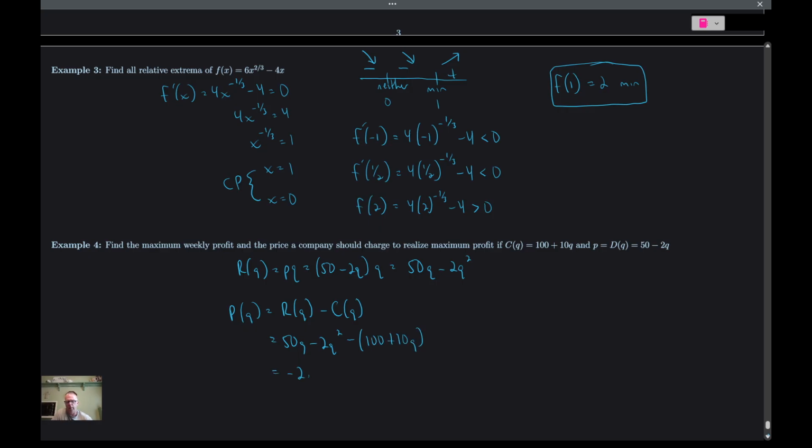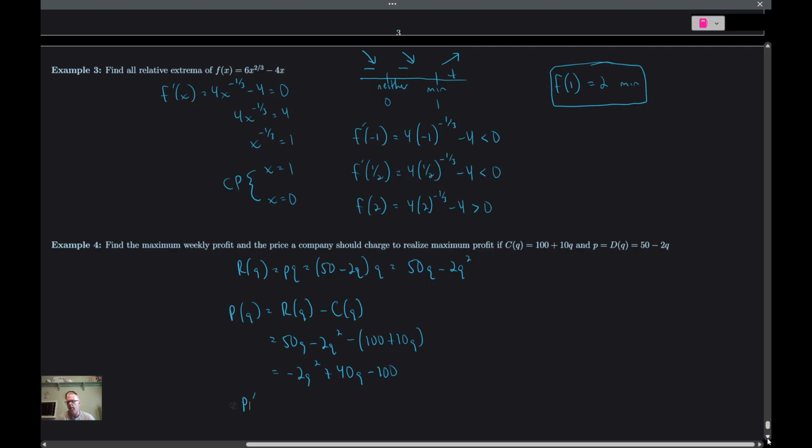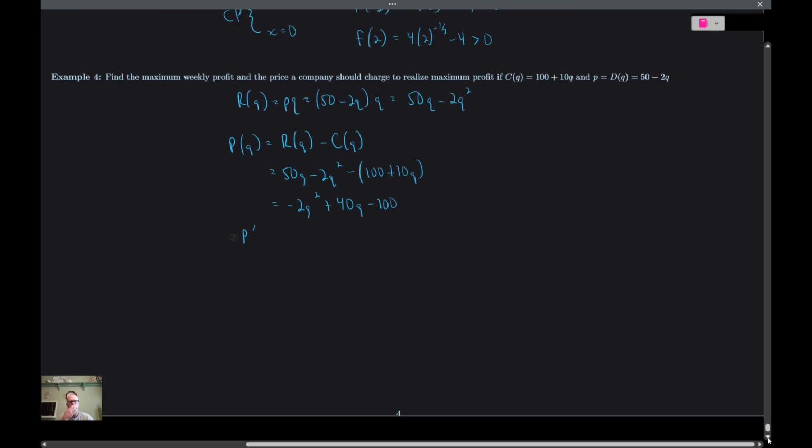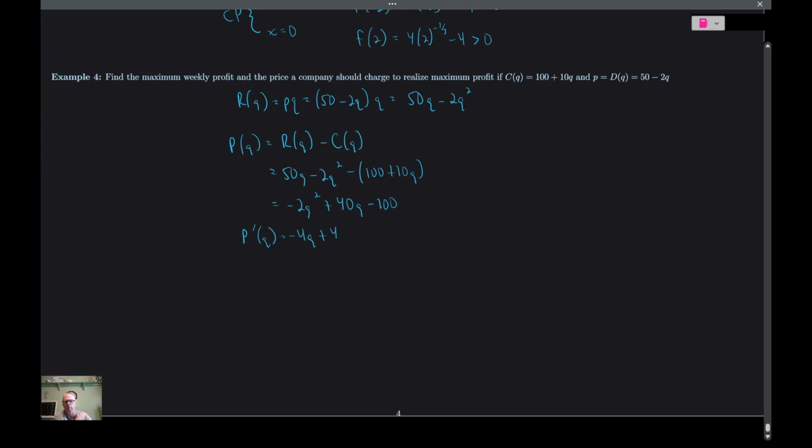So combine our like terms, we get negative 2Q squared plus 40Q minus 100. Now take the derivative. P prime will be negative 4Q plus 40. Set that equal to 0. And we get Q equals 10.